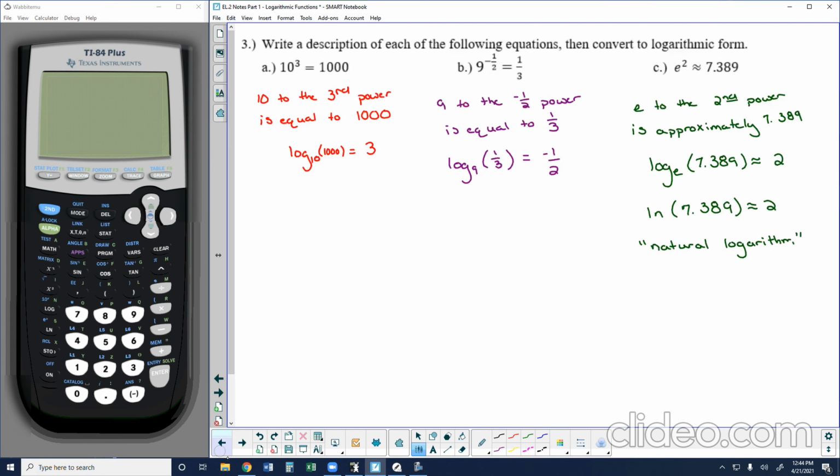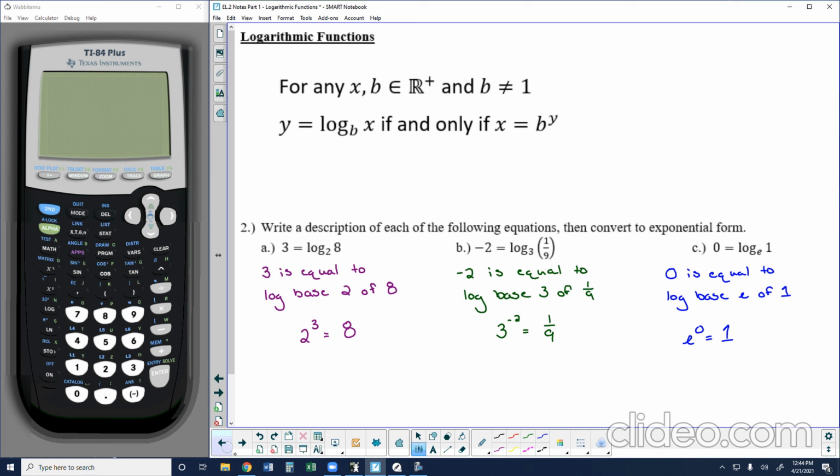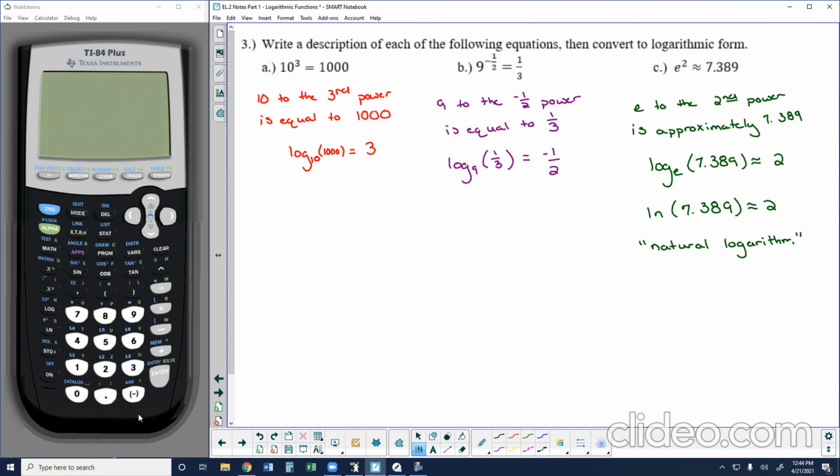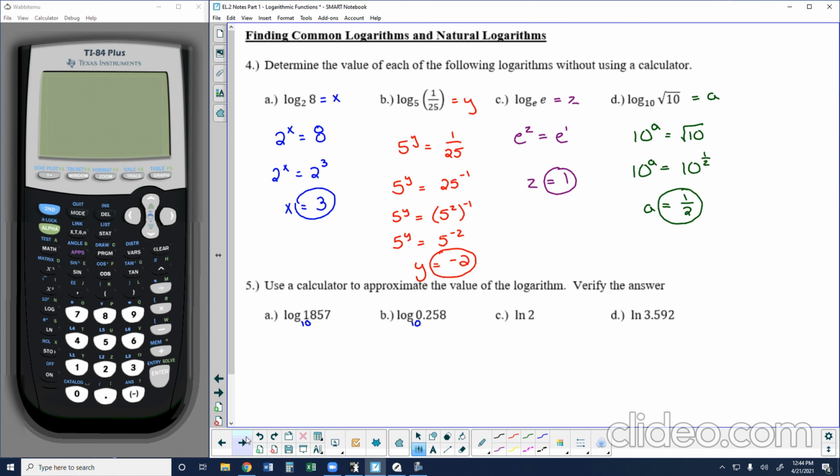So I told you that earlier in problem 3a, that log base 10 was written a special way. It's written as just log. So these are log base 10, which can be found in the calculator next to the button for 7. So anytime you're in log base 10, you can evaluate with the calculator.